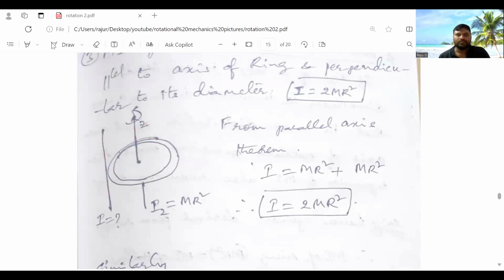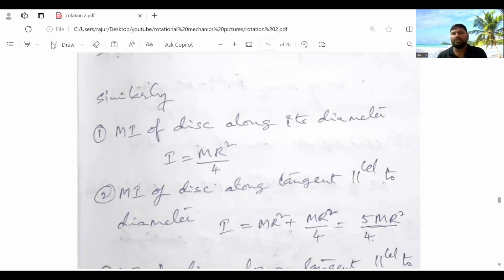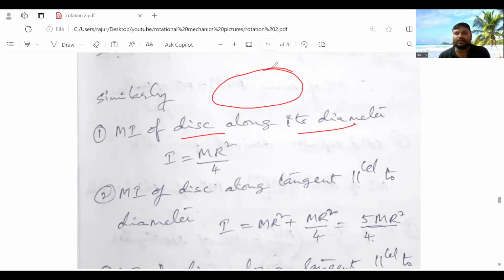Next question. Moment of inertia of a disk along its diameter is I is equal to mr square by 4. You can find it very easily. We know that the moment of inertia of the disk about its axis is mr square by 2.